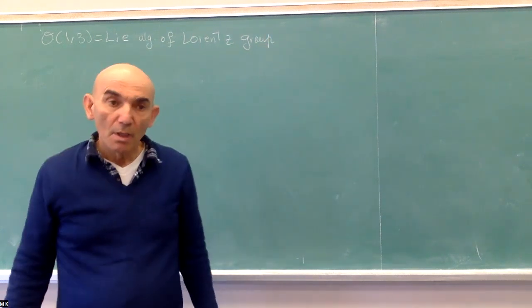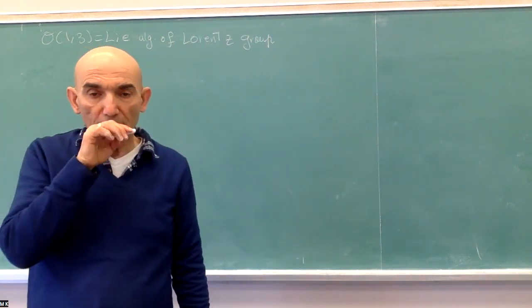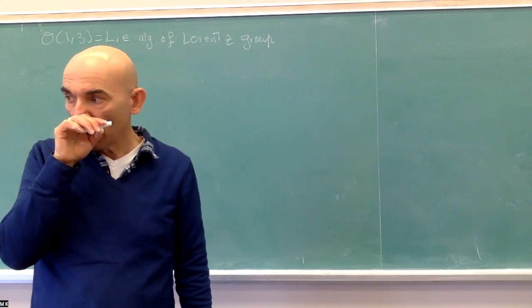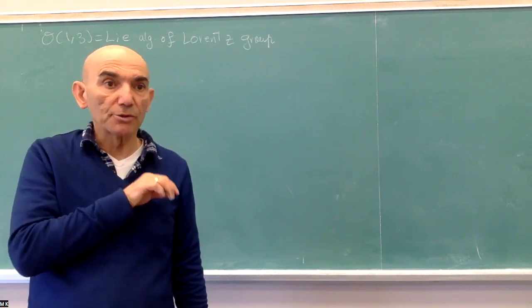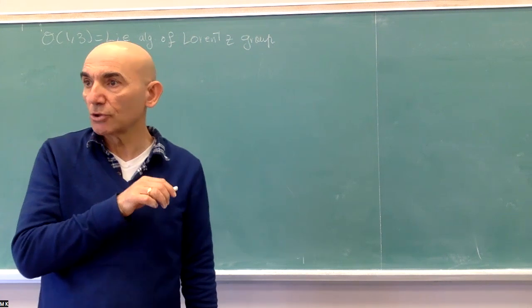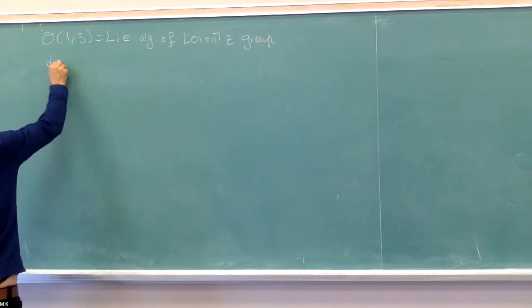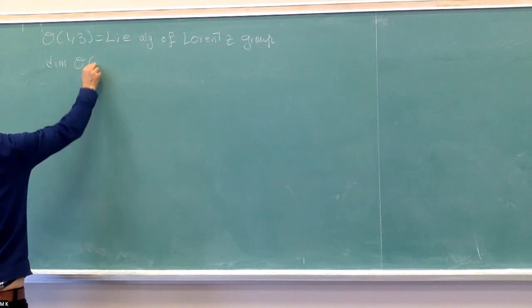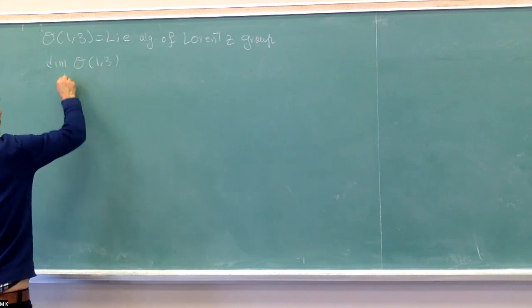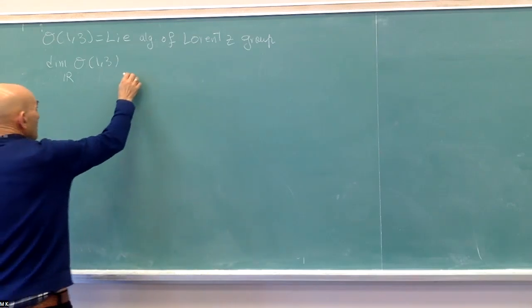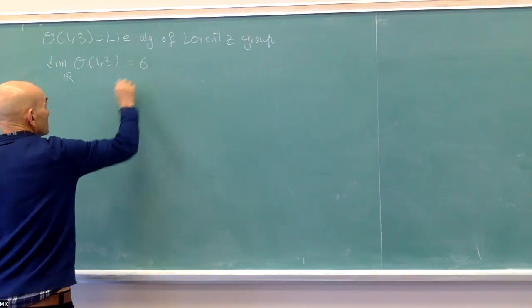Okay, so this is a notation that we have used. This is a real Lie algebra, 6-dimensional. So the dimension of O(1,3) over R is equal to 6.